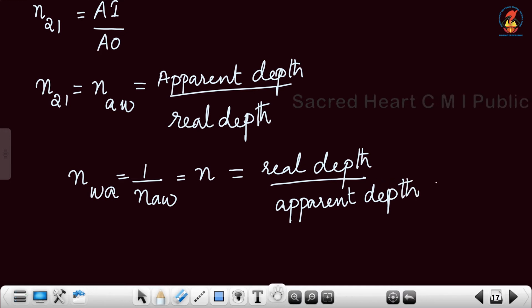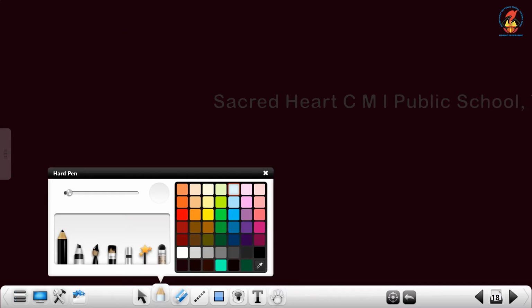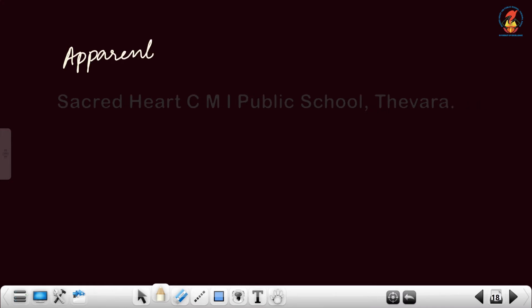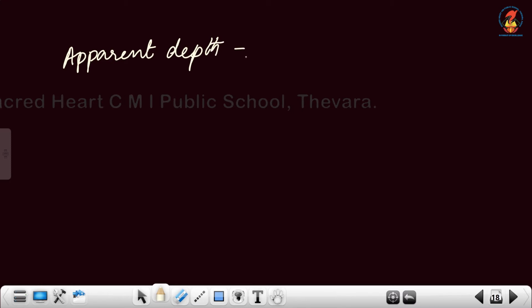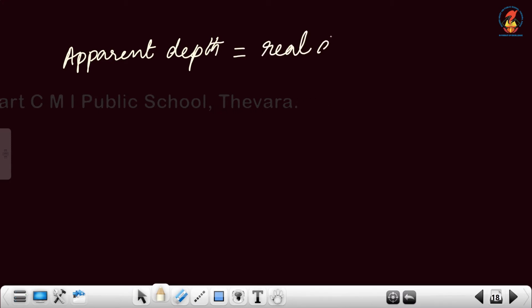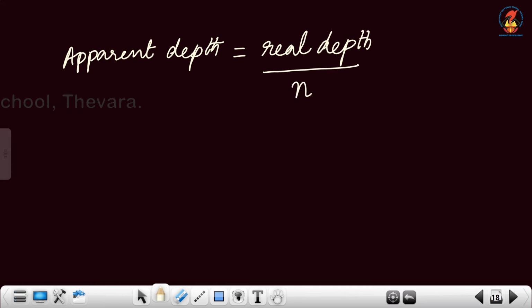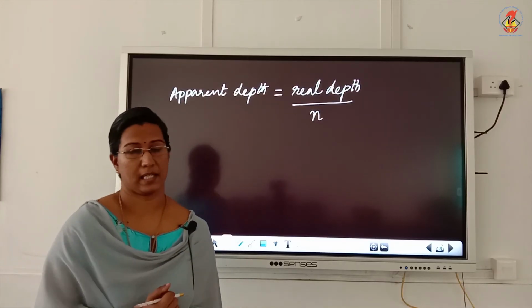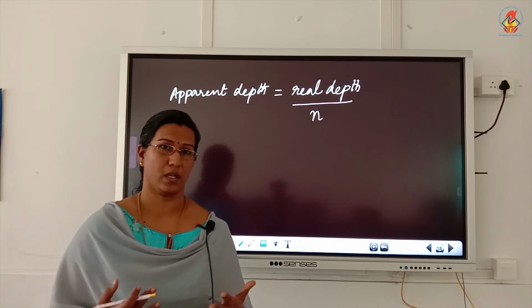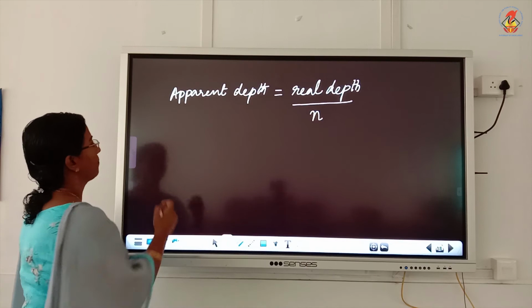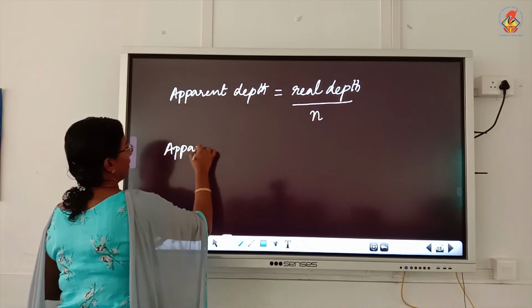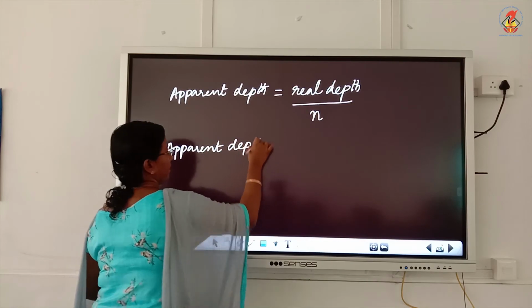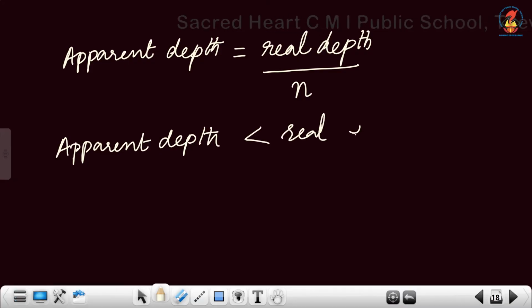Or apparent depth is equal to real depth divided by the refractive index of the material n. Usually air has refractive index 1. All other materials have refractive index greater than 1. So definitely from this equation we can say apparent depth is always less than real depth.